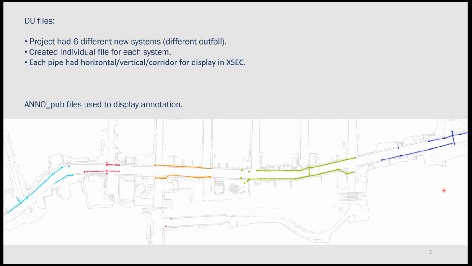They all drained differently, so they all had a different outfall. I made them 6 different files. And the annotation for them would also be in separate files, which I'll get to in the next slide. This helped break things apart, again, so that if I lost a file, it wasn't 3 months worth of work I was losing.